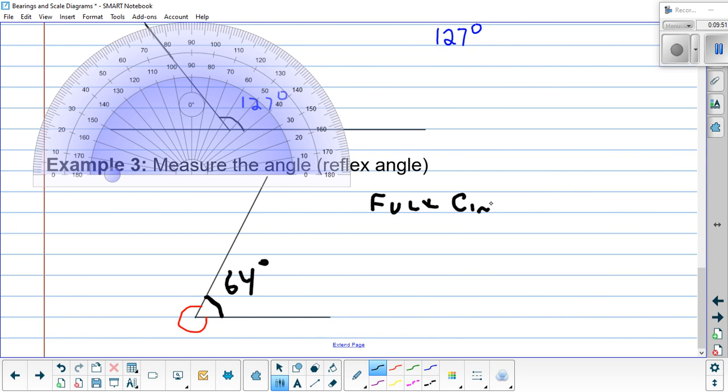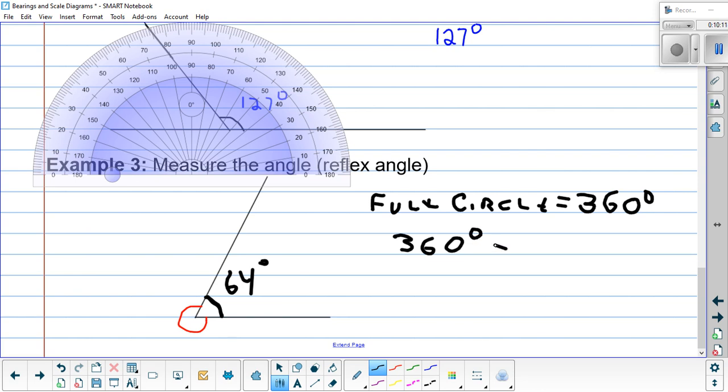So if a full circle is equal to 360, we can find the part we want by just subtracting off the part we don't want.